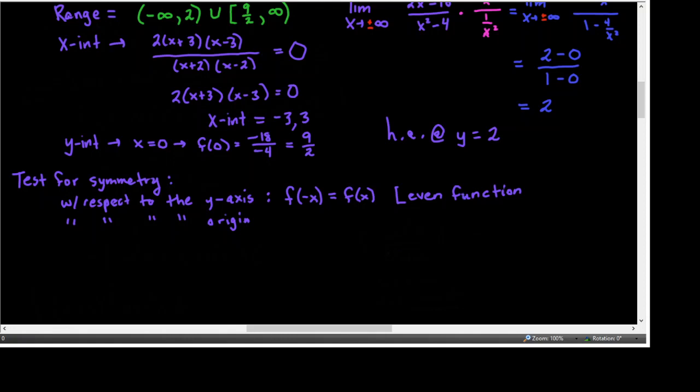And we'll pass this test that f of negative x equals f of x. Symmetry with respect to the origin happens if you put negative x into the function and get back exactly the opposite of the original function. It will have symmetry with respect to the origin. And of course, that's the test for odd functions. And all odd functions are symmetric with respect to the origin.